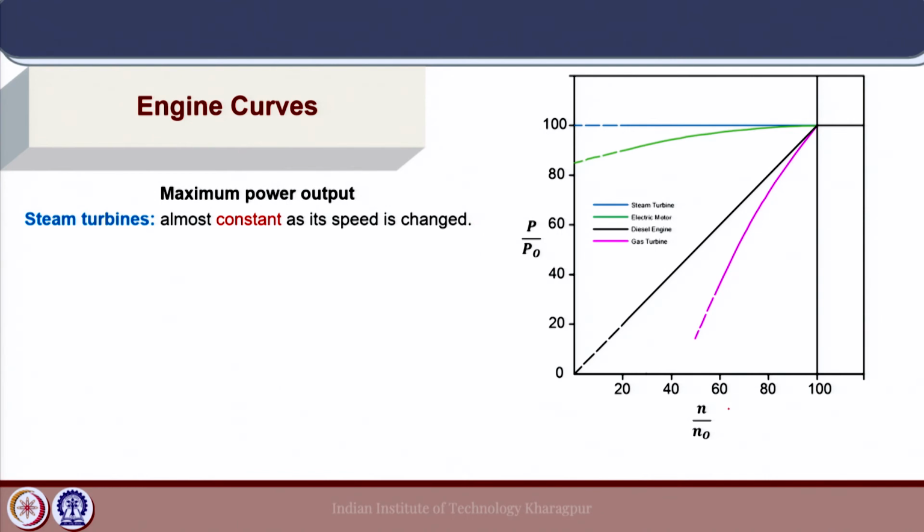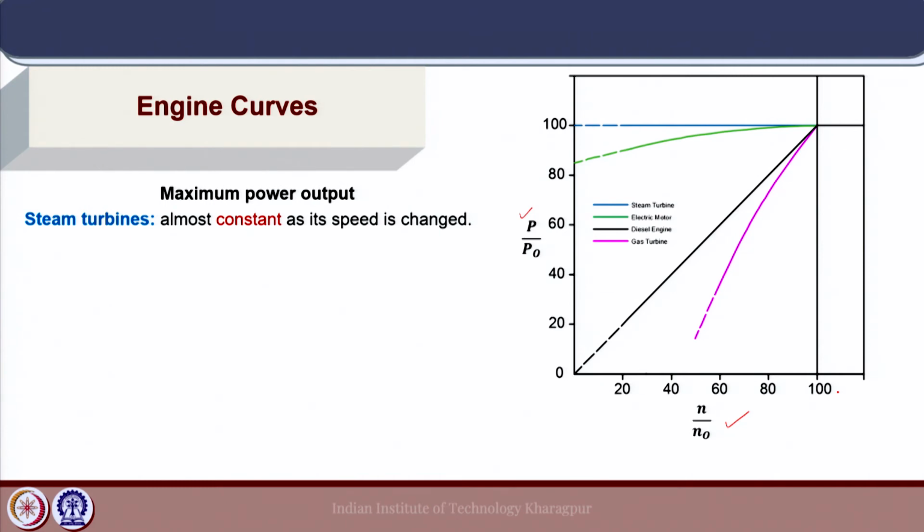In the plot shown, on the x axis we have the engine speed, the RPM, as a ratio of the maximum speed, n by n naught, and similarly we have power as a ratio of the maximum power, so that these vary from 0 to 100%.